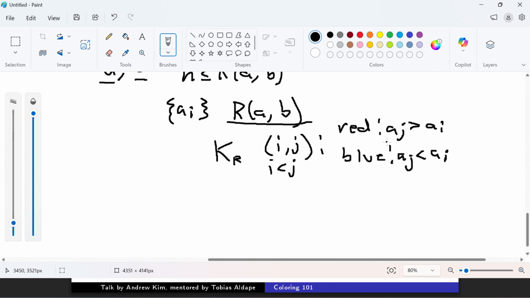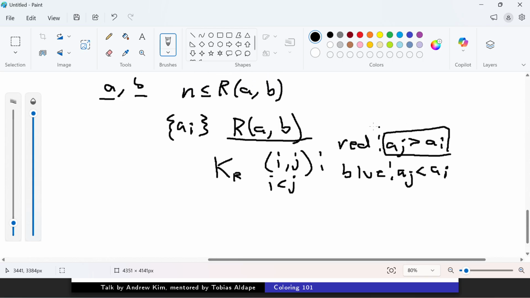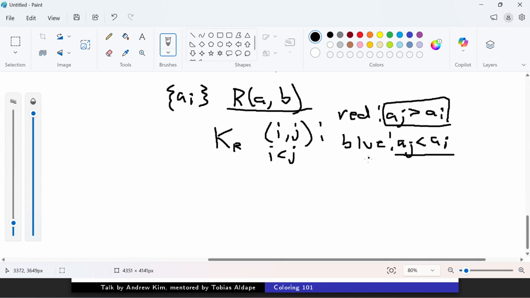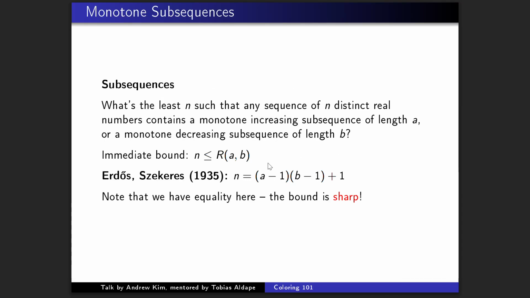If there's a red A-clique, you have A numbers such that this condition holds, which means they form a monotone increasing subsequence. In the other case, if you have a blue B-clique, then you found a monotone decreasing subsequence of length B. So that shows that this bound does indeed hold.